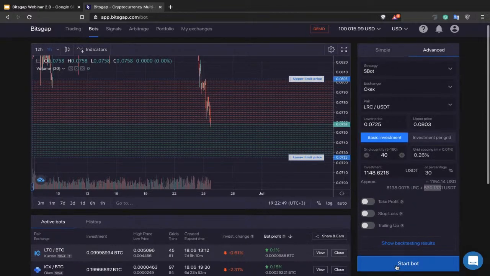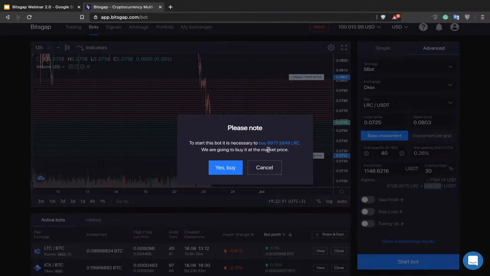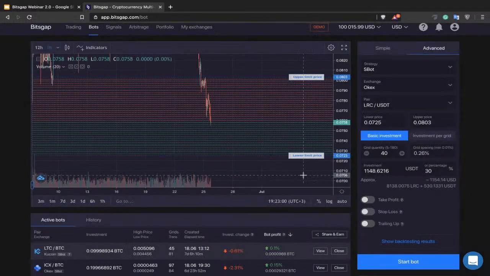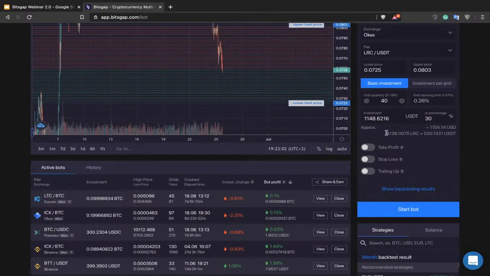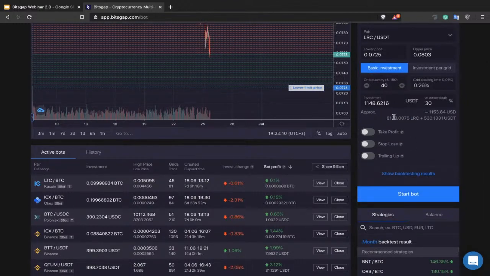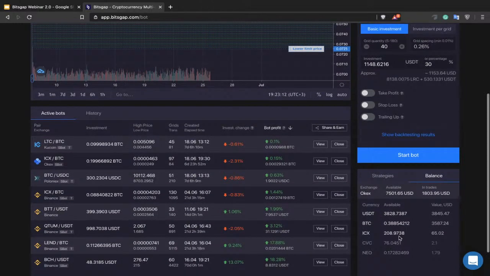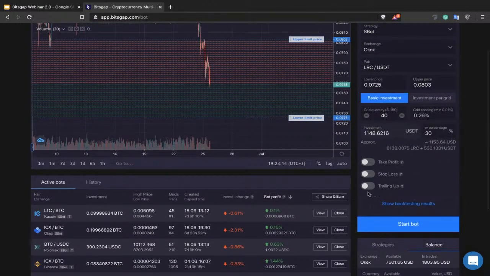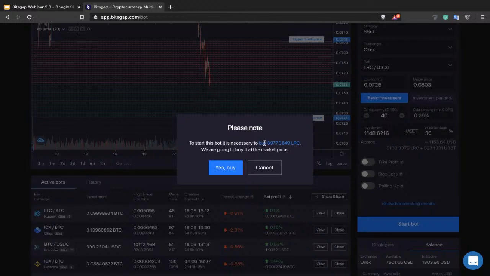I'm going to click on start the bot, and it tells me here that in order to initiate the bot I must have that amount of LRC, because remember, as I said, that's an approximate amount. If you don't have that amount of LRC right now on your balance, the system will automatically propose it as a market buy order.